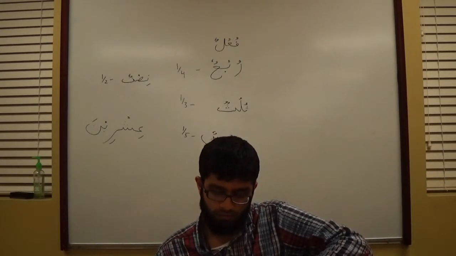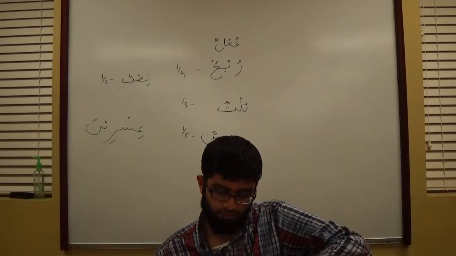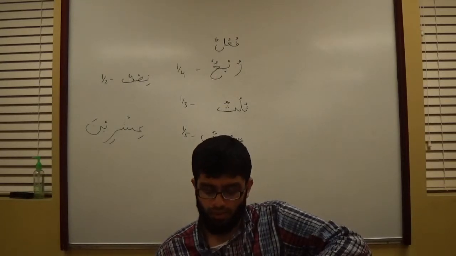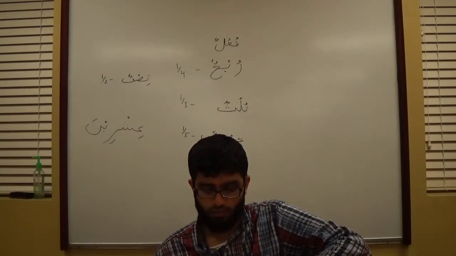What does that mean? Hamid sat between Bilal and Faisal. Okay. Baina should be repeated with pronouns. Haza baini wa bainaka. هذا بيني وبينك means this is between you and me.